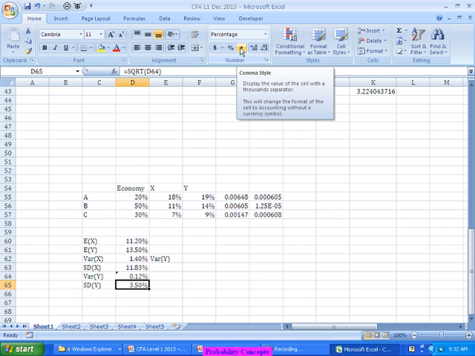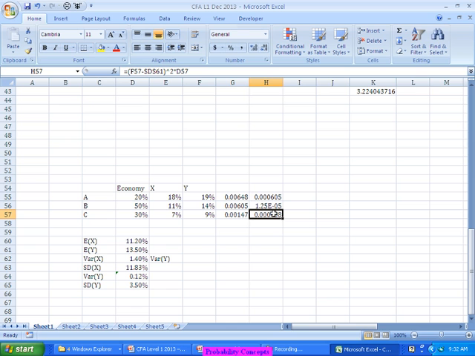What it means is the risk in Y is much lesser compared to that of X. Y is giving more return and less risk.